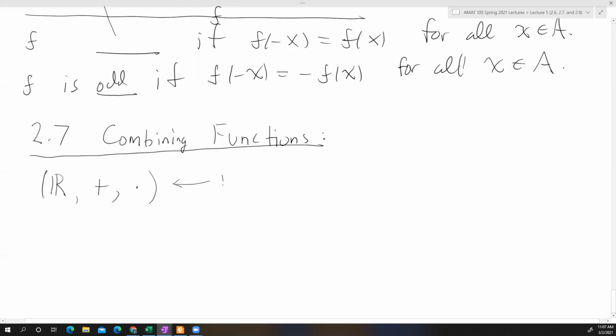And if you're interested in more advanced mathematics, this forms what's called a ring. There's a lot of different types of rings in mathematics. So a ring is just a set with two operations, usually denoted as plus and multiplication.